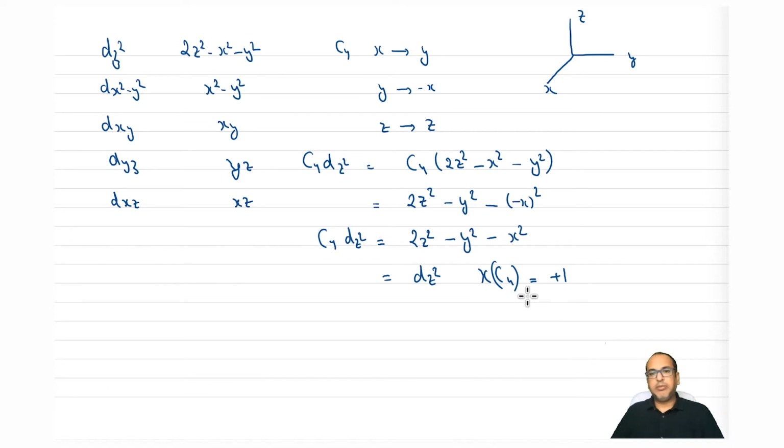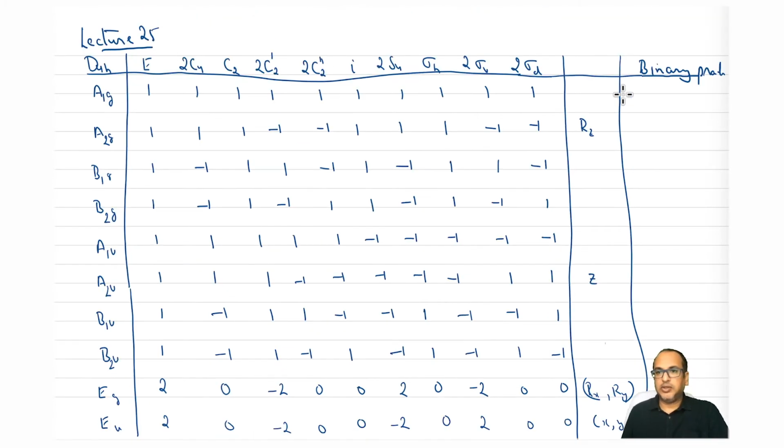Now similarly, we can find out all the characters. For example, we can find out the characters under C2, C2 prime, C2 double prime using the same set of rules, and find out to which IR representation dz square is forming the basis. So as it turns out, dz square would be lying here.